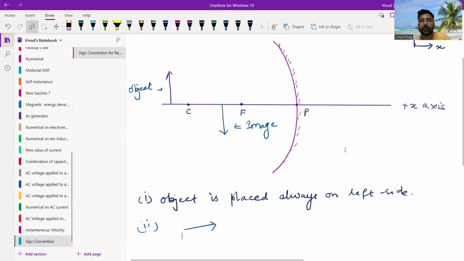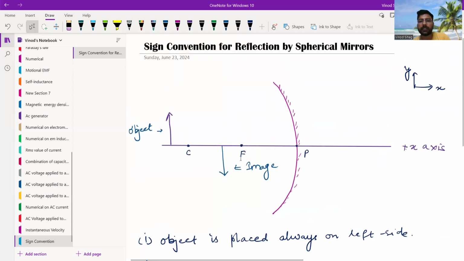Let's say the distance of the object will be measured from the pole, from P to the point where the object is placed. And the distance of the image will also be measured from the pole, from the pole to the point at which the image is situated.